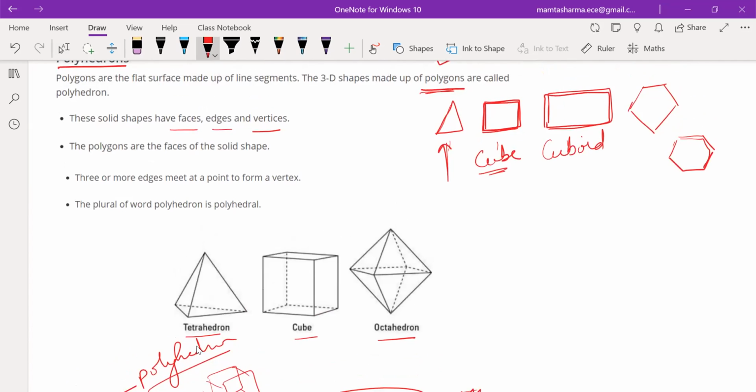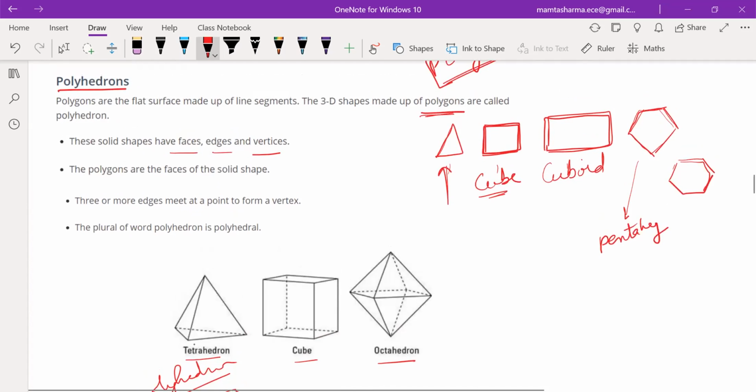Similarly, if you keep many pentagons one after the other in a stack, it will take the shape of a pentahedron.